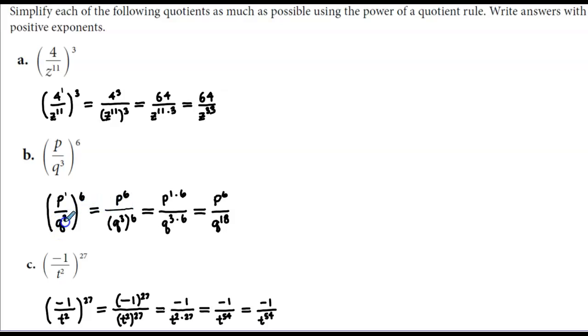In the denominator we have q to the 3 to the power of 6. So again, we have p to the 1 times 6 over q to the power of 3 times 6, which is equal to p to the 6th divided by q to the 18th. Now, if you go back and look at the examples of a and b, we don't have any negative exponents, so there's nothing for us to do to make them positive.